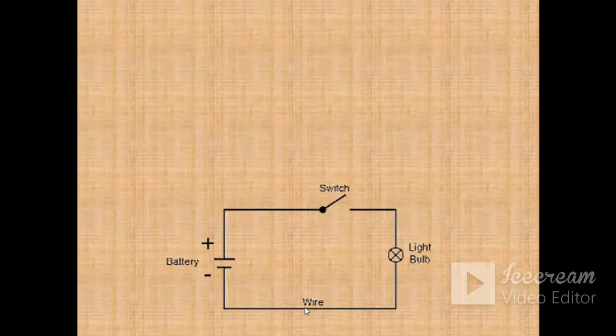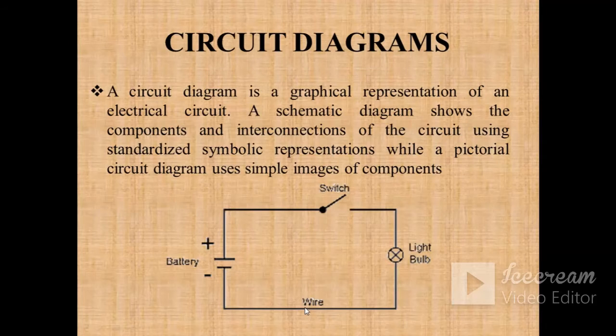Whenever we place these electrical symbols in a graphical representation and in a proper manner, then it becomes a circuit diagram. For example, in this circuit diagram there is a battery which is providing the power to the light bulb.